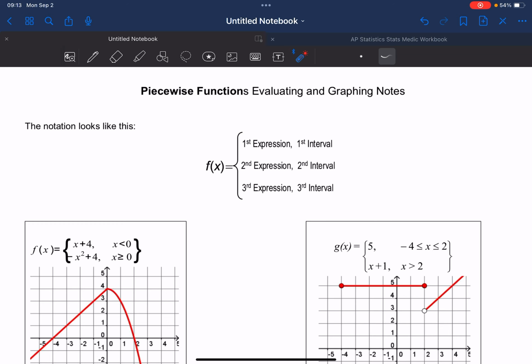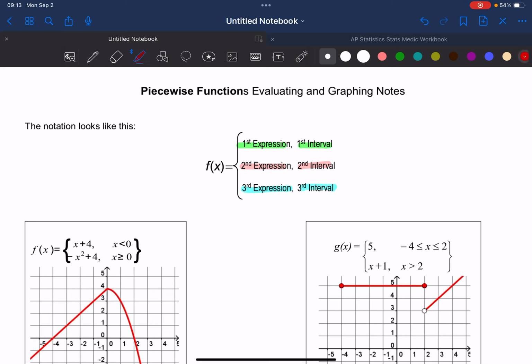Our piecewise function is broken apart into different expressions. So in this example, we have three expressions. We have the first one that falls within the first interval, the second one with the second interval, and then the third one with the third interval.